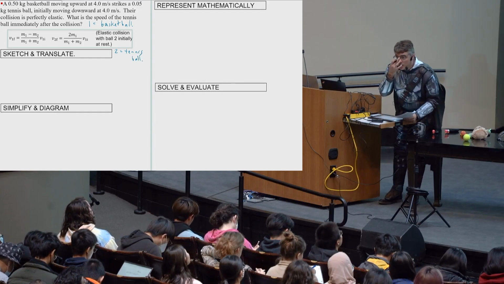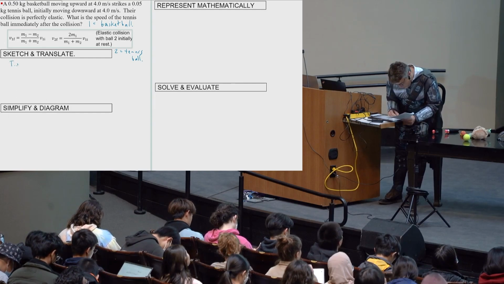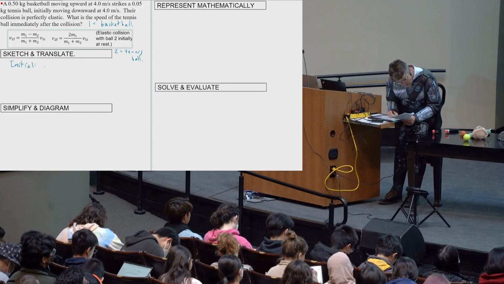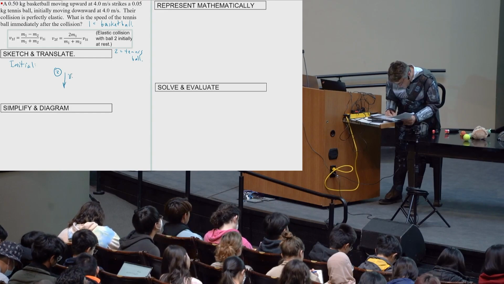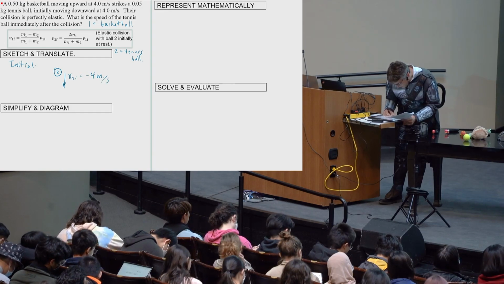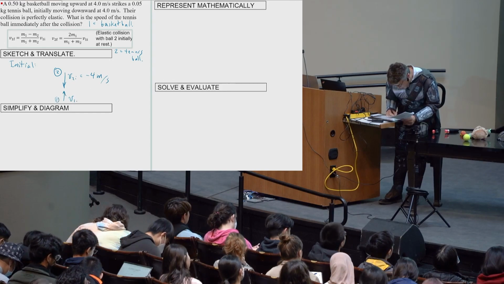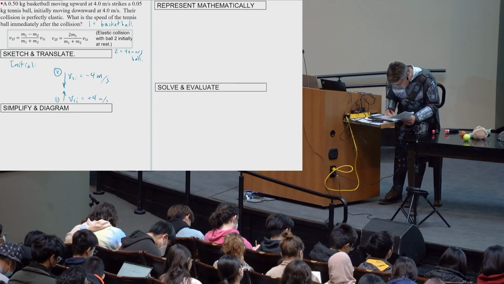When neither of the balls is at rest, let's draw it out here. The initial situation is you got ball 2 going downwards, V2 initial equals negative 4 meters per second. And ball 1 is going upwards, V1 initial is equal to plus 4 meters per second.